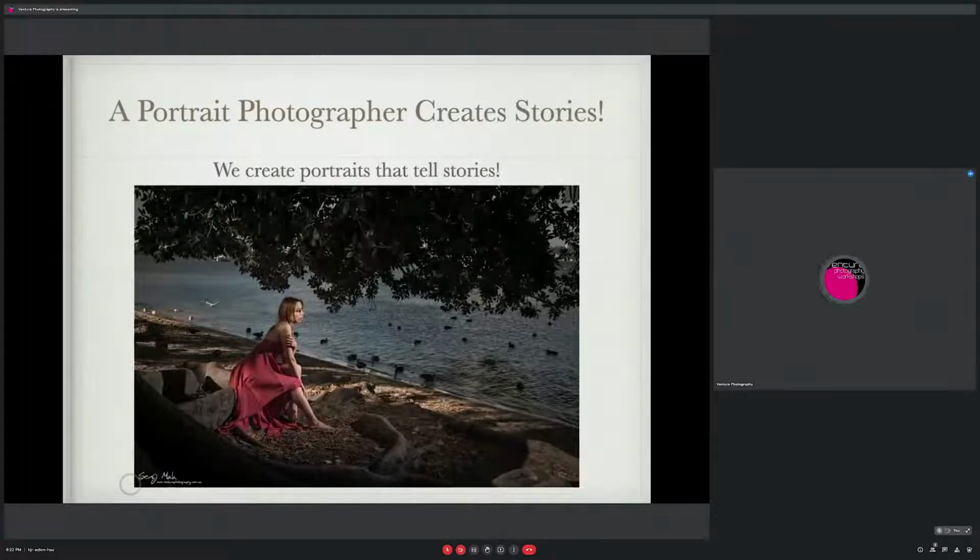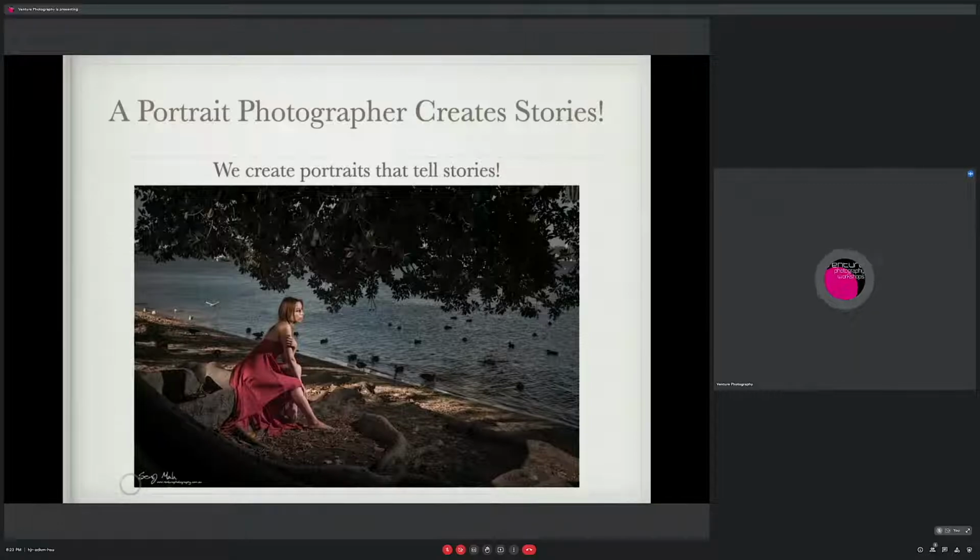As portrait photographers, we also create stories, whether the stories are stories of a real person's life and experiences, where they were, where they are now, where they're going, or whether we are creating made-up stories, fiction, and in a way recruiting people, what we normally call models, to be part of that storytelling or that narrative crafting in that particular process.